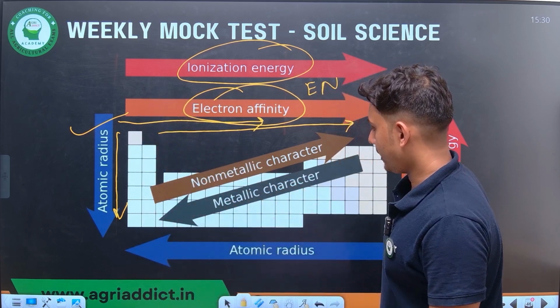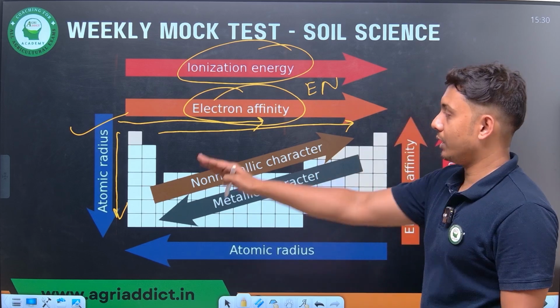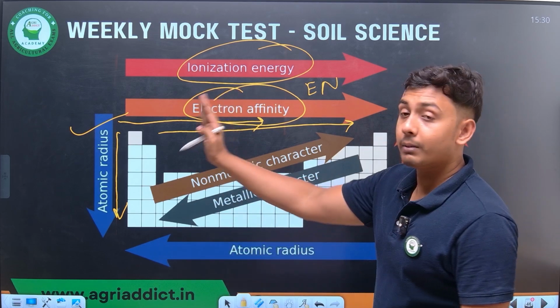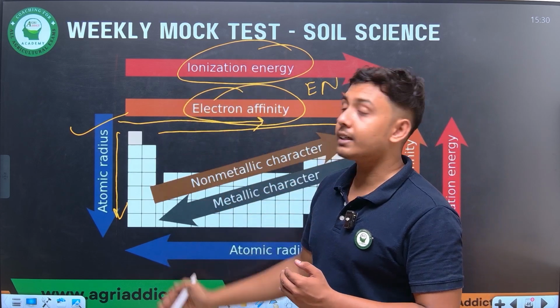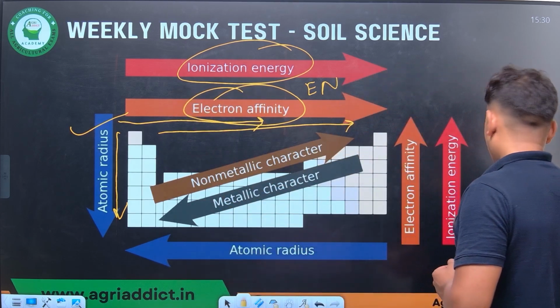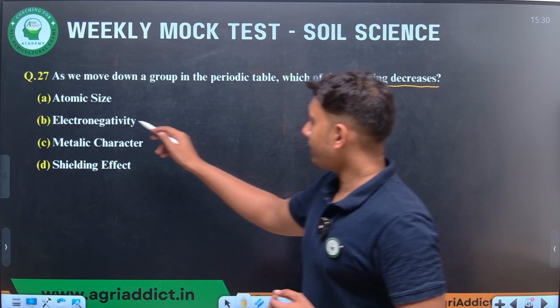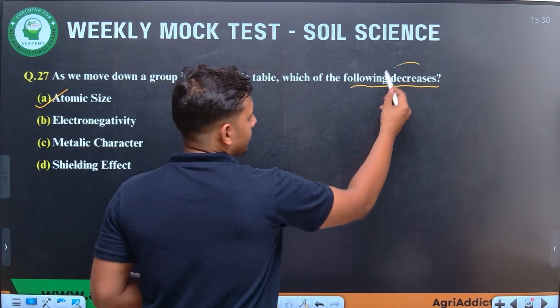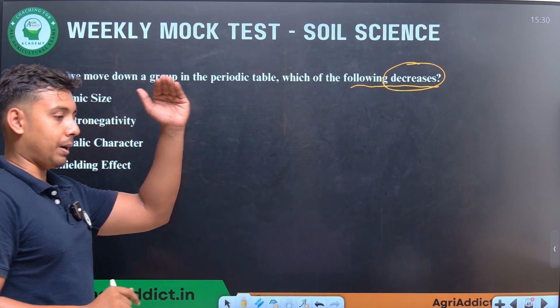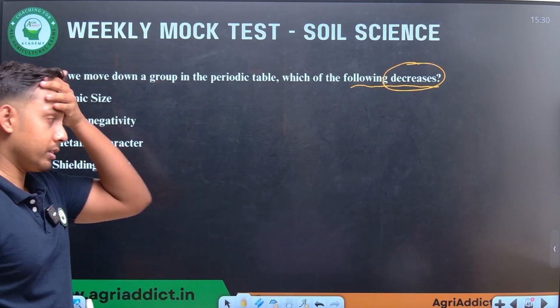Atomic size decreases from right to left, so it decreases from left to right. So the atomic radius from up to down increases. So atomic size will not be the answer, because the question says it is decreasing, but when we go from up to down it actually increases.